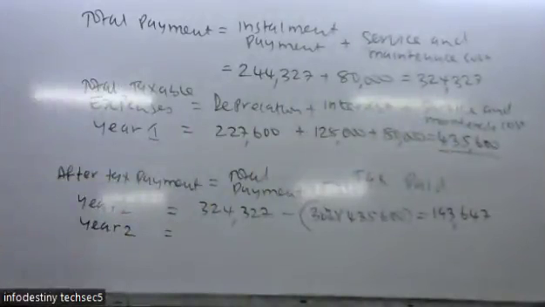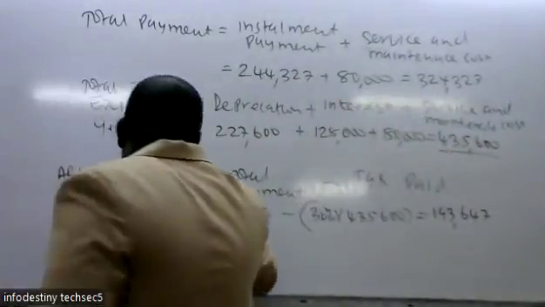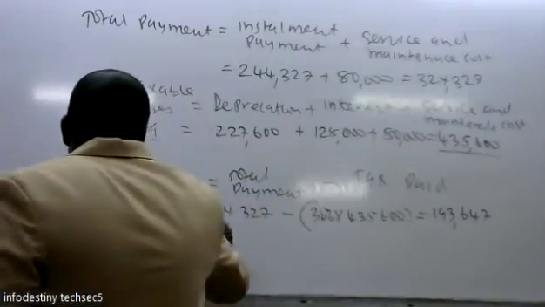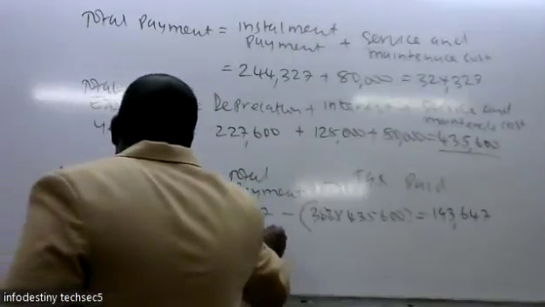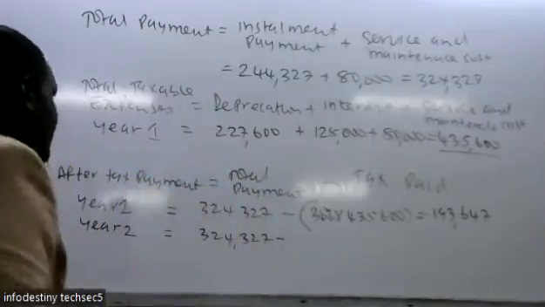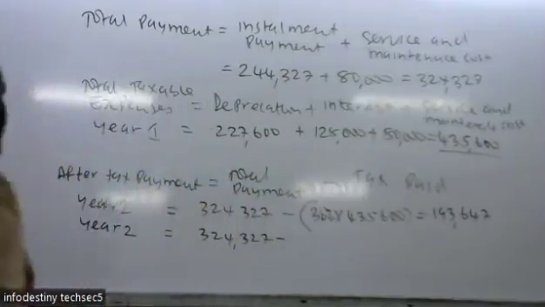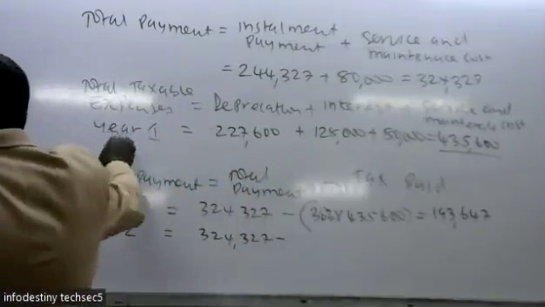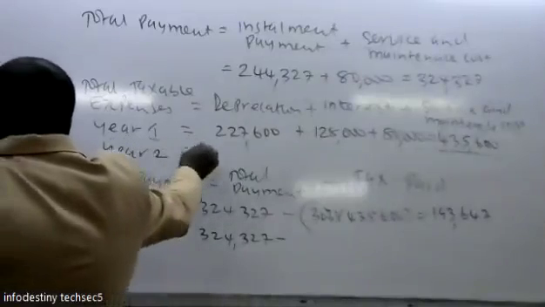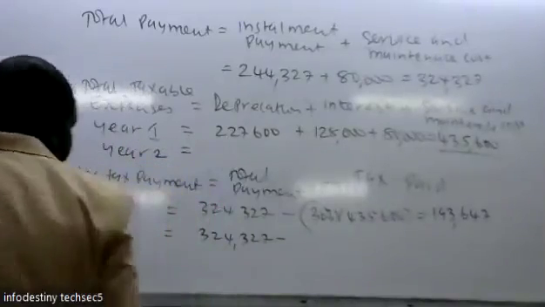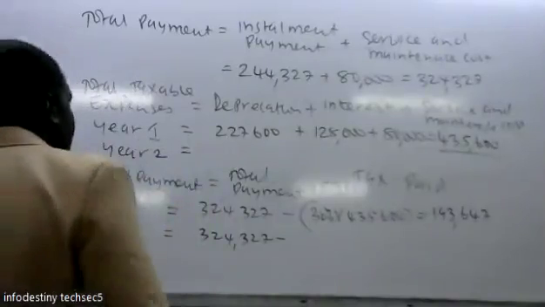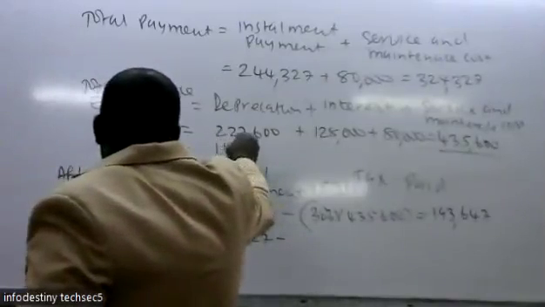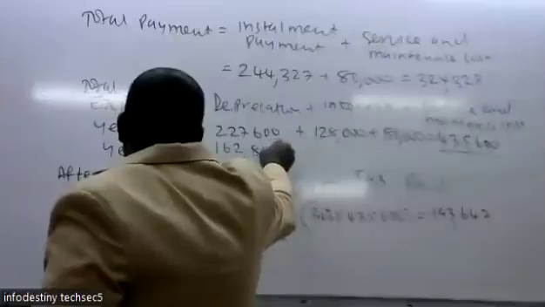So we go to year two. Payment is not changing. It is still the same figure. But I want you to go to year two. How much was the depreciation for year two? 168.